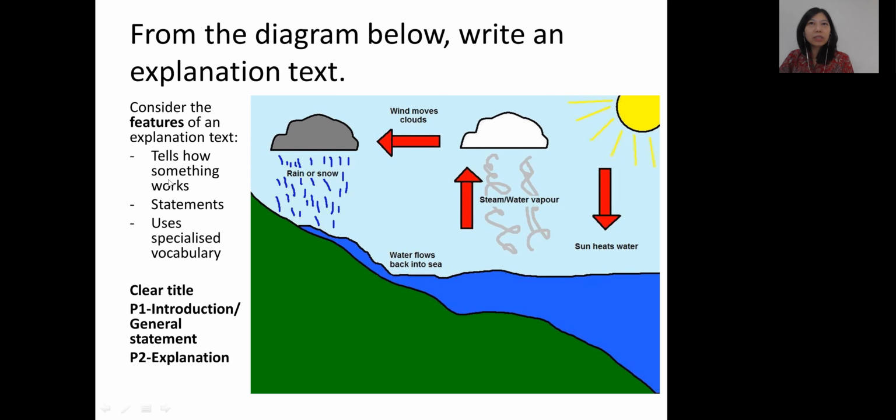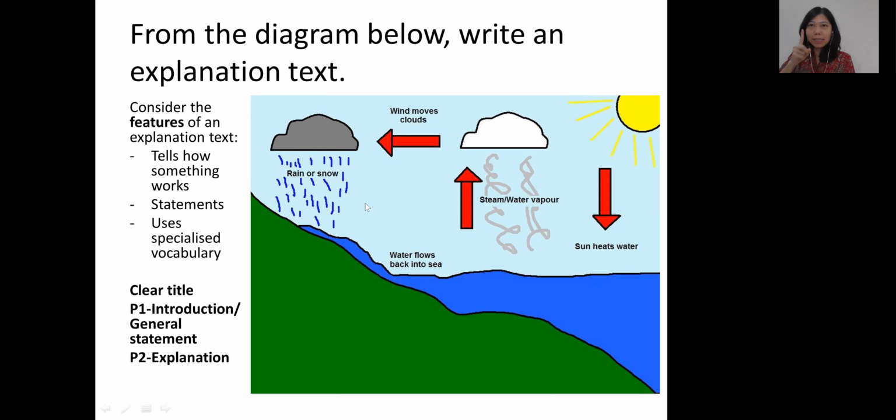You will tell how something works, and then you use statements and you use specialized vocabulary. You have those specialized vocabulary here, okay? If you could add more, go ahead. But if you are not sure of other specialized vocabulary, then just use what you see in the diagram here.